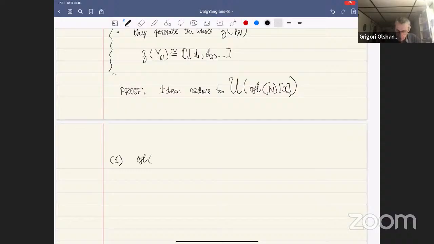There is a natural splitting, plus the SLN, and Z is the one-dimensional center. No, Z is the element which spans the one-dimensional center.